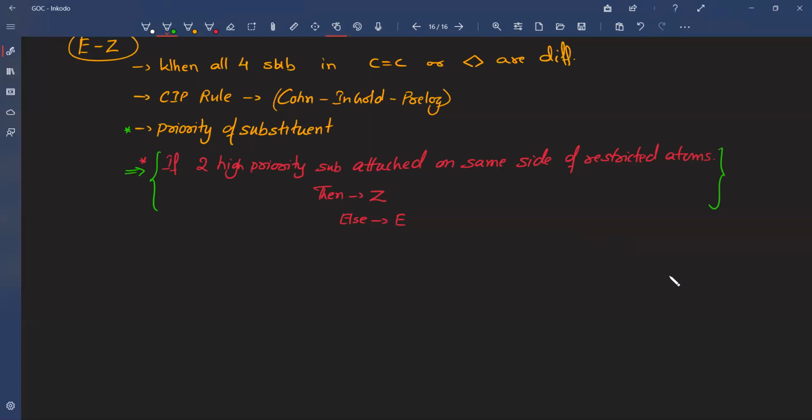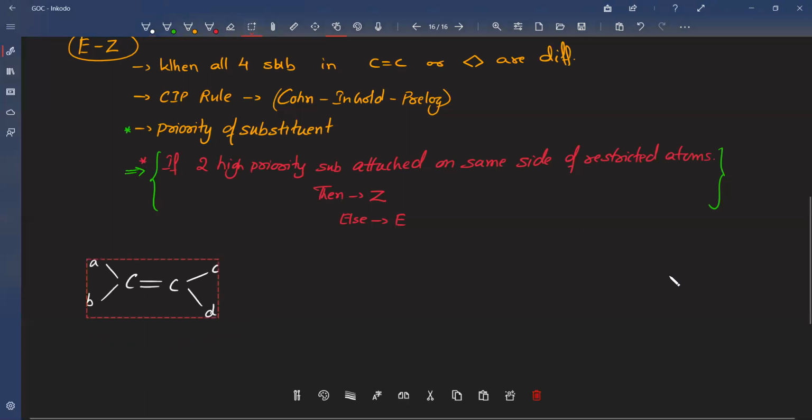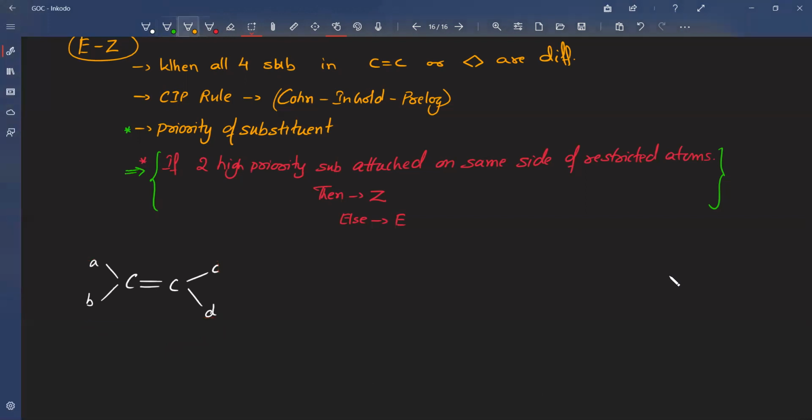What does that mean? Let's say you have a molecule like this. We know that E and Z come into picture when you have all four substituents different. Let's say this is one such configuration, and the substituents A and B are connected to one carbon.